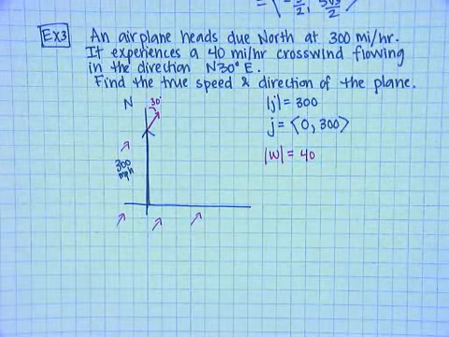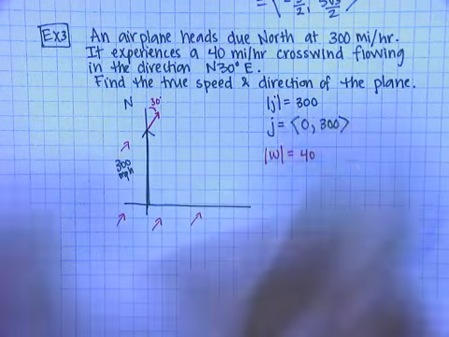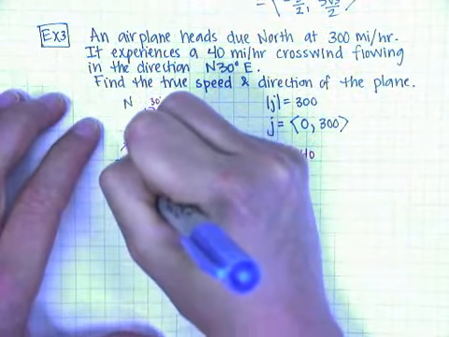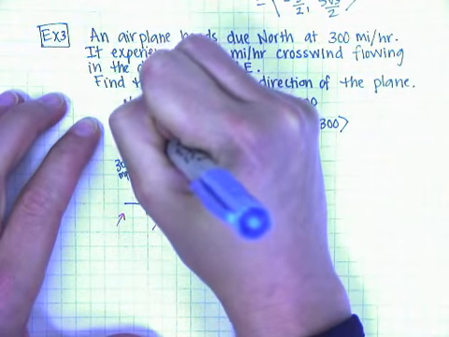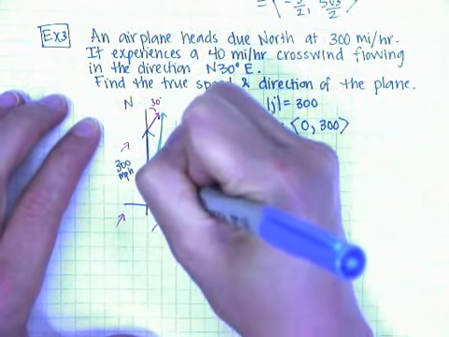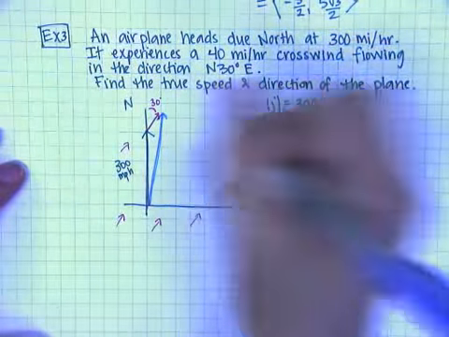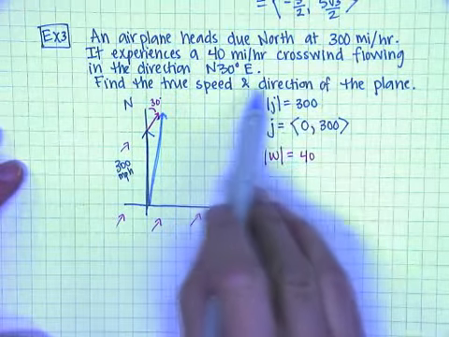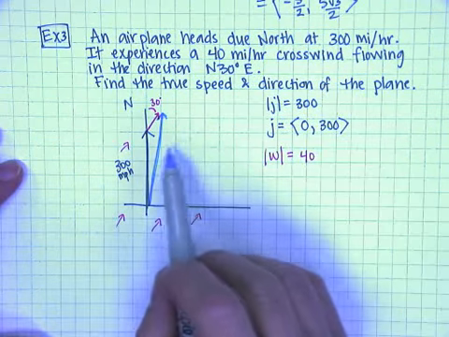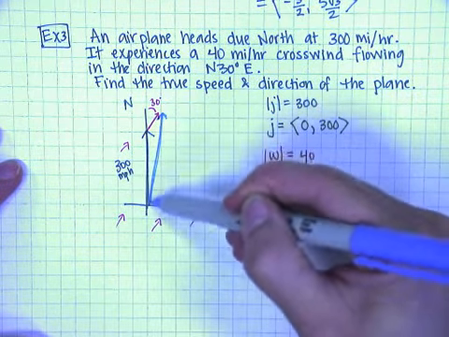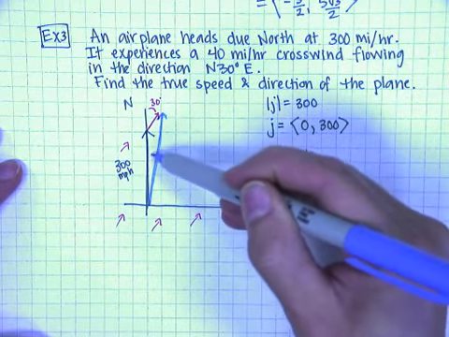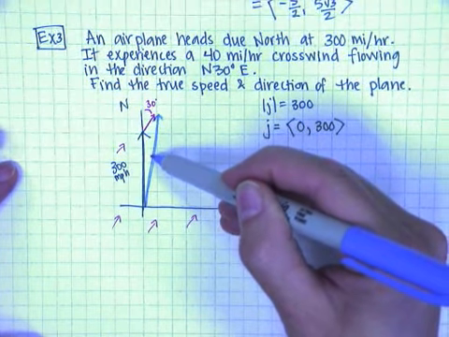And when I put those two vectors together, what I'm going to get is the true vector that represents the airplane. Because the airplane's really going to move a little faster because of the wind, and it's going to get bumped off course just a little bit. And so when it says find the true speed and direction of the airplane, what they really want is the length of this resultant vector, and then what direction did it get bumped off by.